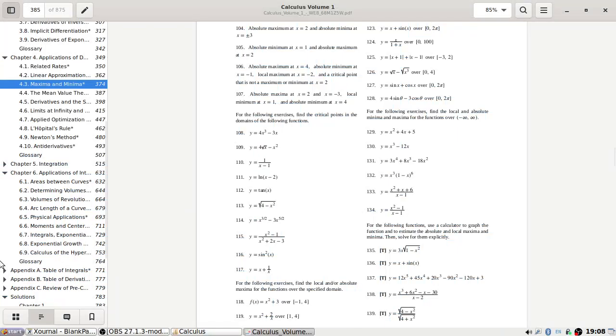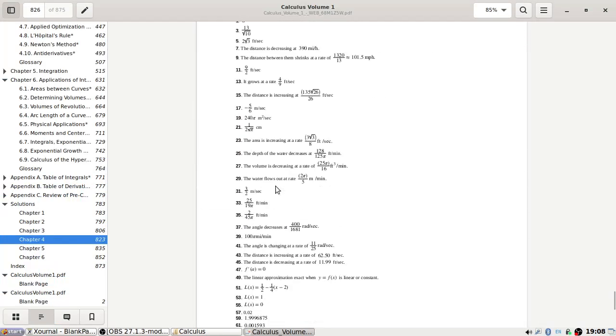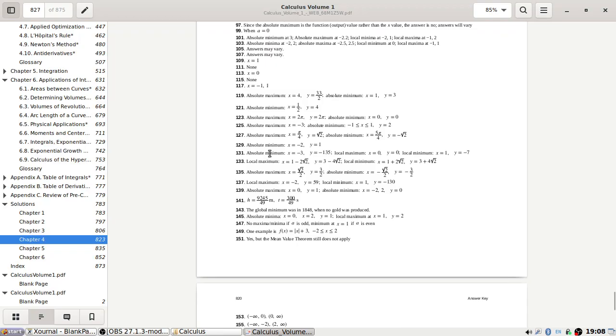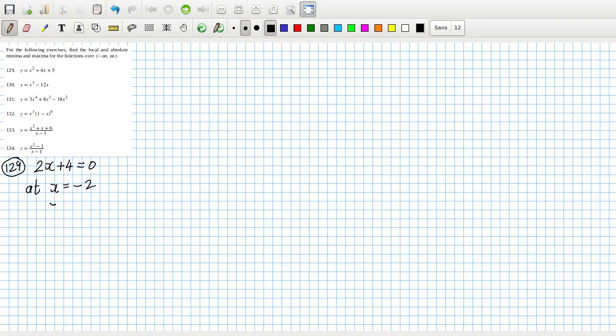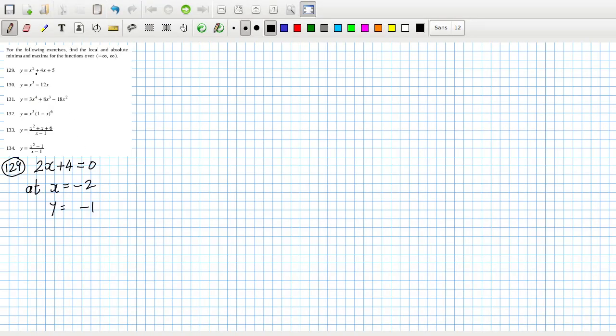Do they want the y values? Yeah, they do. So that's 4 minus 8 is minus 4 plus 5 is 1.